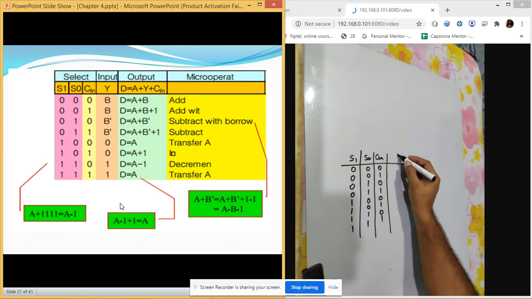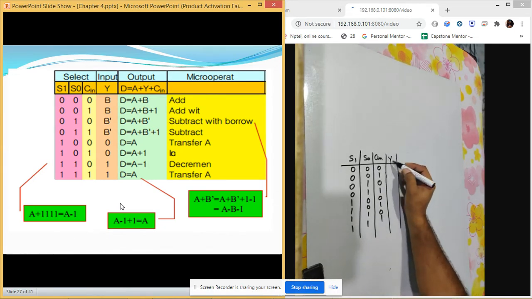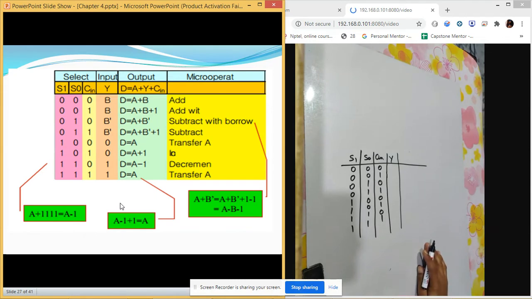Now, another field in this is Y. As you remember, whenever we perform addition or subtraction, the only change which happens is with B. B changes its form. It means that B might become B dash, and if we want to add some value, that will be added with this value.